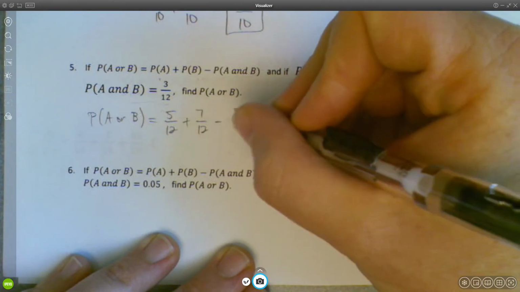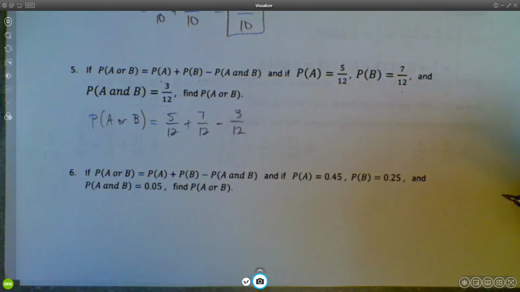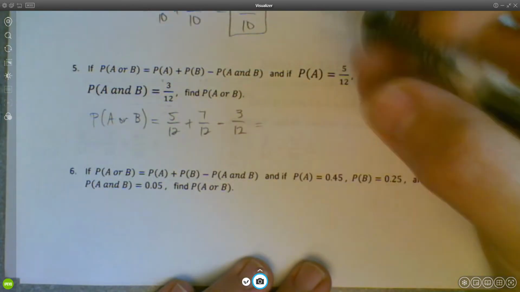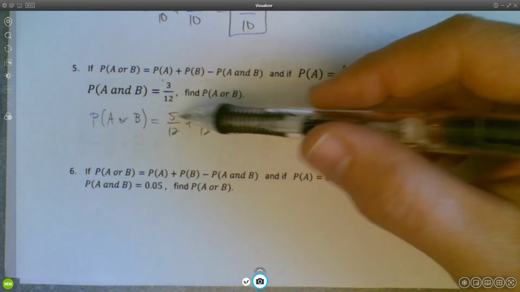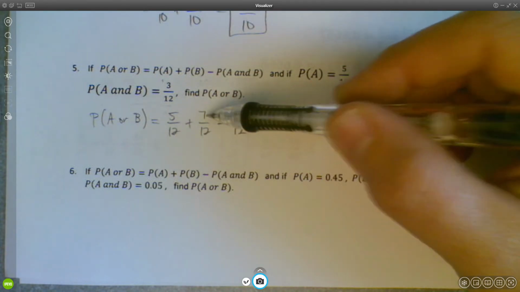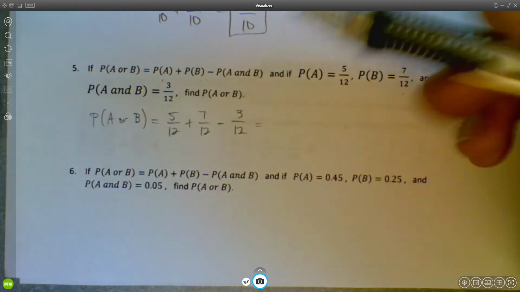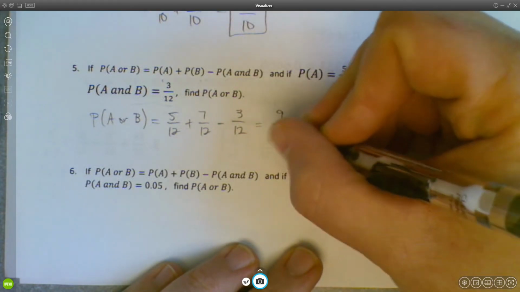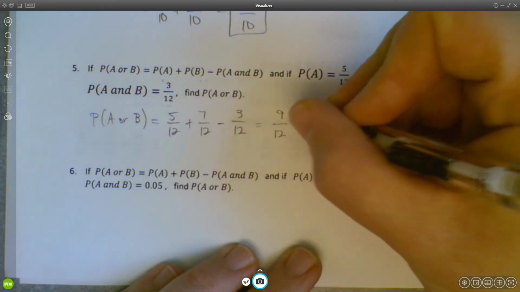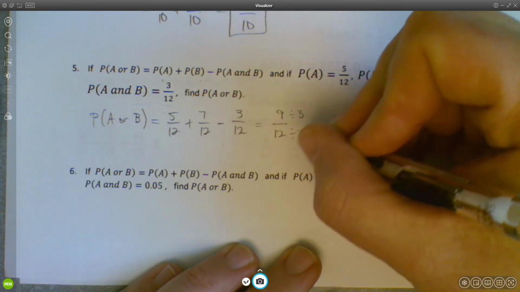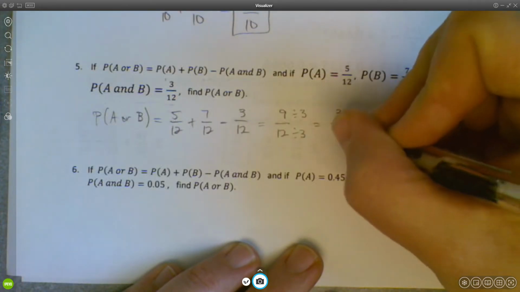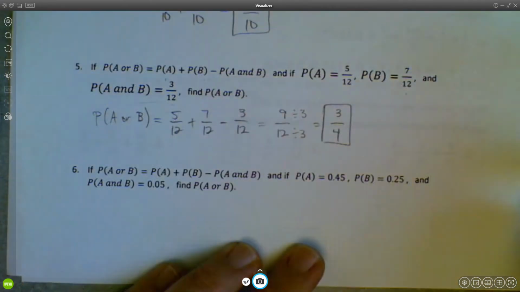So minus 3/12. Okay. At that point, I can just throw this all into my calculator and see what I get, or I can do some of it by hand. 5 plus 7 is 12, minus 3 is 9, so this is 9/12, and I know that that reduces by 3. So I get 3/4 as my final answer.